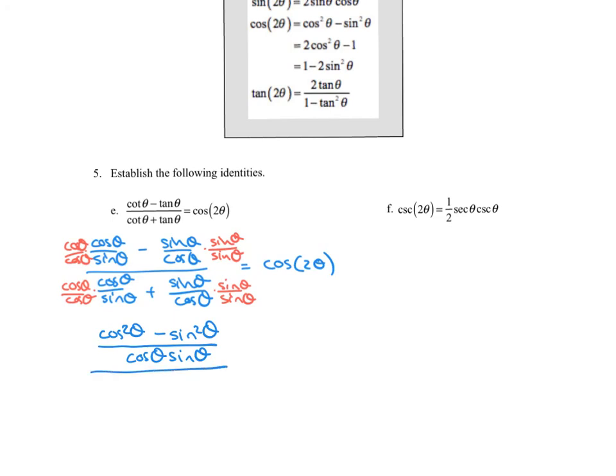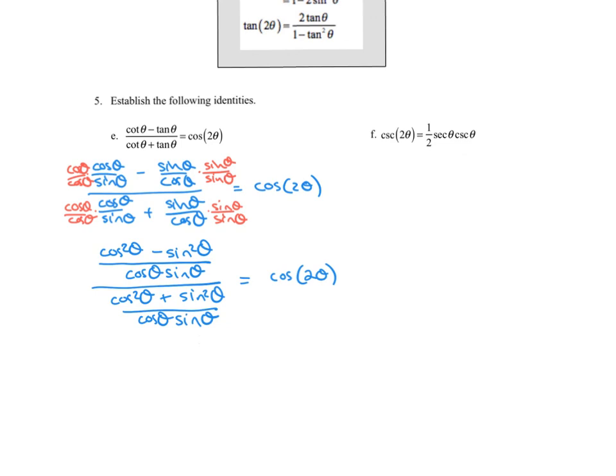On the bottom, we're going to get cosine squared theta plus sine squared theta over cosine theta sine theta. And we're still hoping to end up with cosine 2 theta somehow.